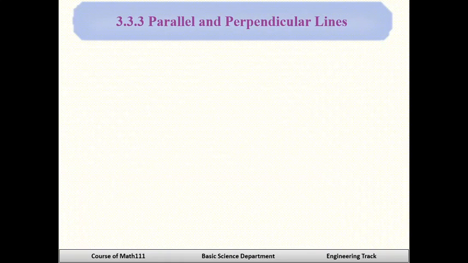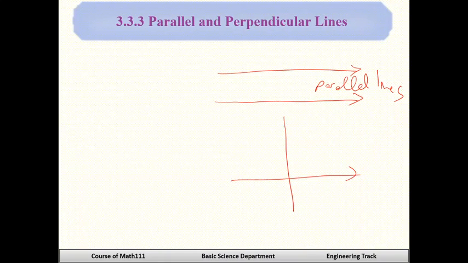You know, parallel means this. So these two lines are parallel. And perpendicular lines are intersecting each other with 90 degrees. So these are called perpendicular lines.